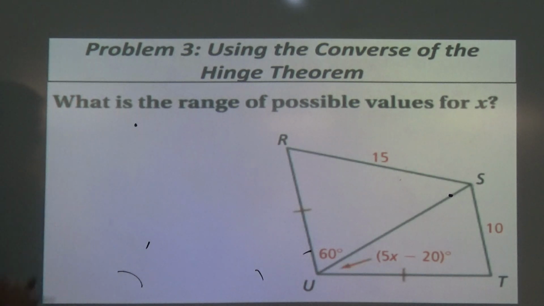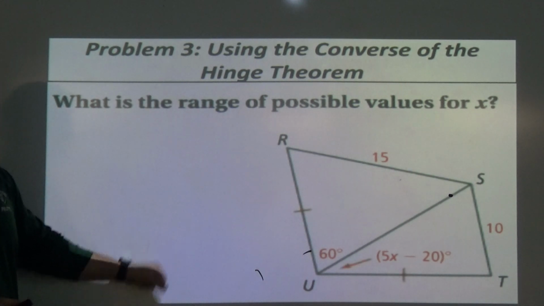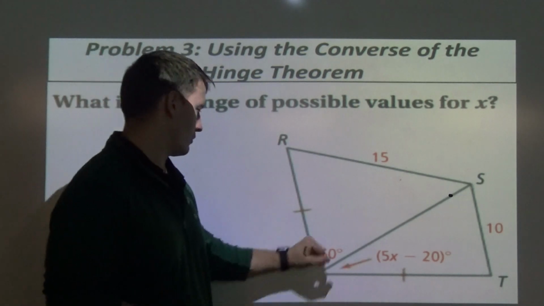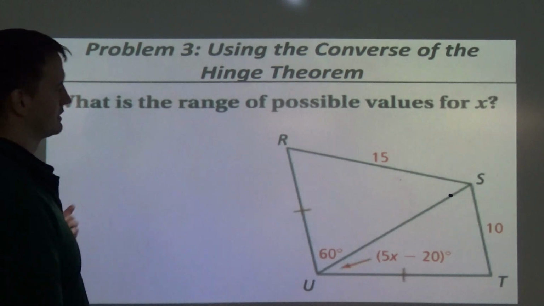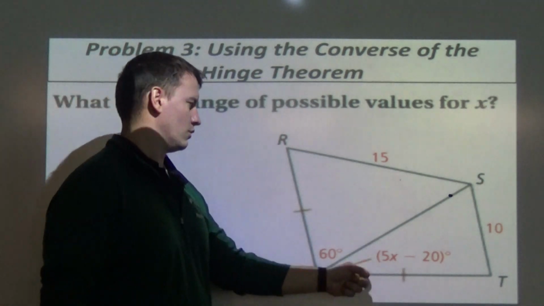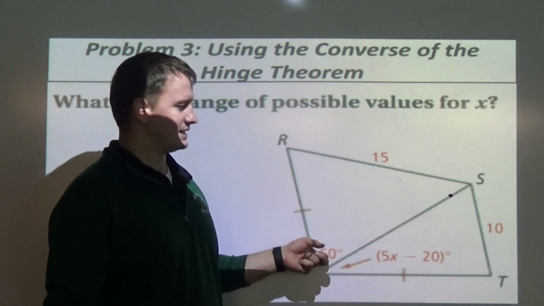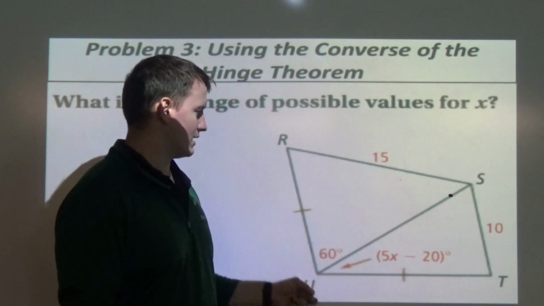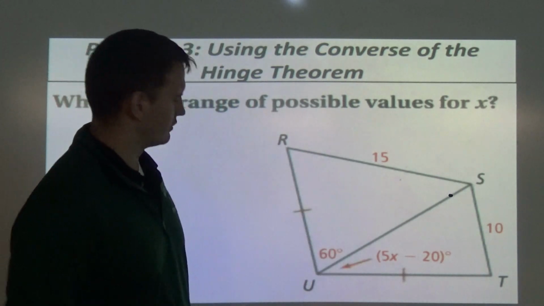Using the converse of the hinge theorem, what is the range of possible values? This is way more complicated than the one we did with the hinge theorem. We know which angle's bigger, right? 60 is bigger than this angle right here. You might be thinking, Mr. Shell, how do I know the hinge theorem works here?